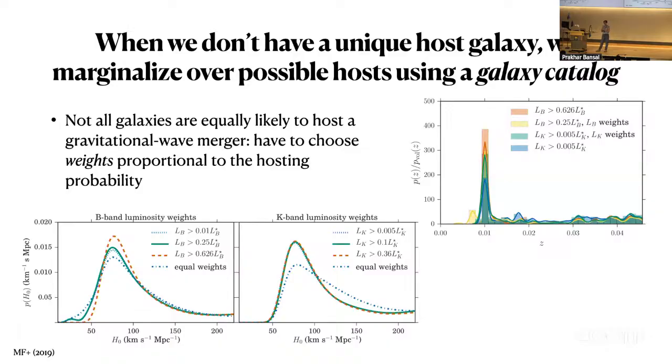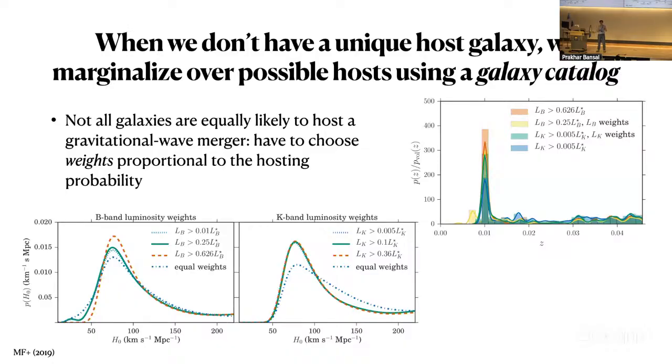And then you have some distribution of delay times between when you think the stars formed and when the black holes or neutron stars merged with one another. And so you can do the full modeling. The B band and K band weights are a very simple way of doing that.